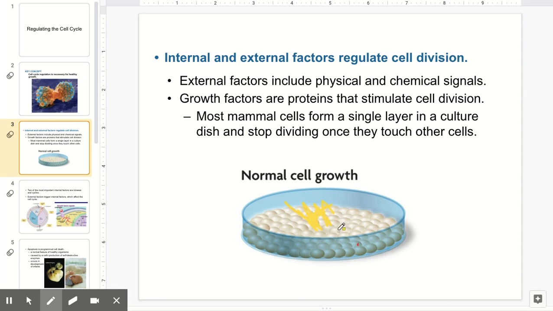At that touching, they will stop going through the cell cycle. That touch signal means stop. So again, it says here, in case you didn't see it, they stop dividing once they touch other cells. That is normal cell behavior, and that is a good thing.